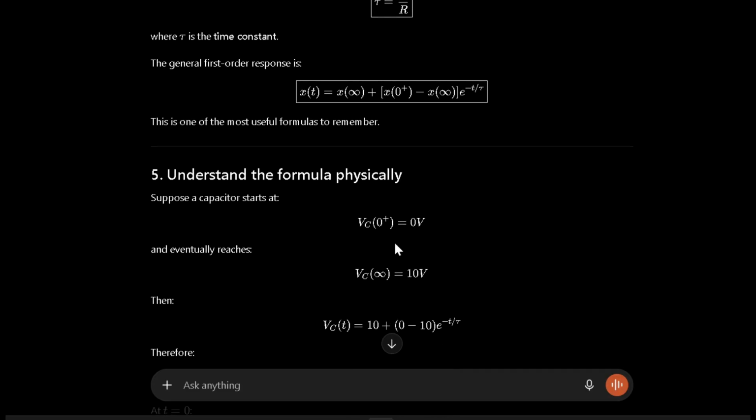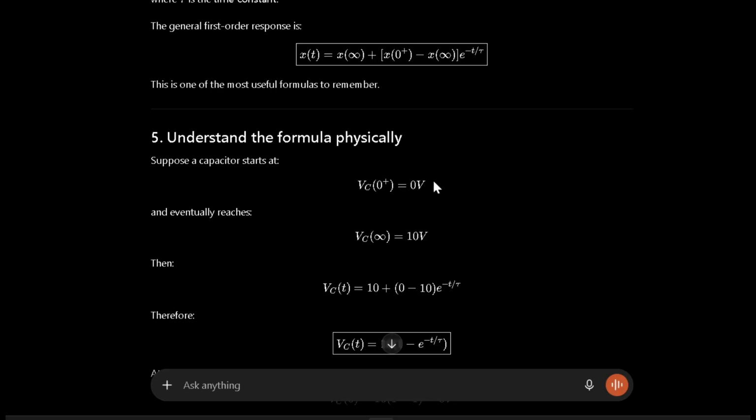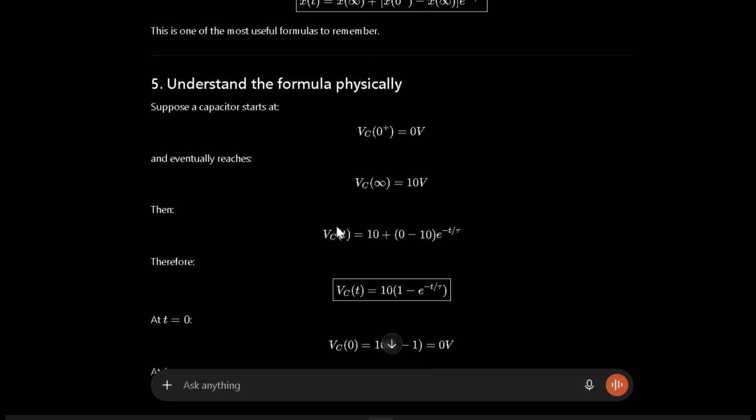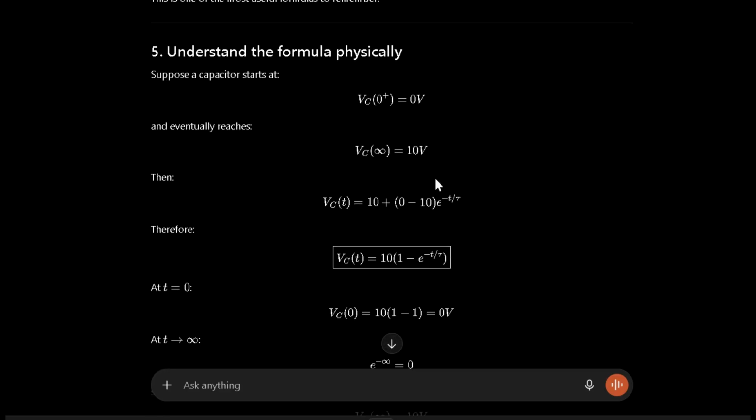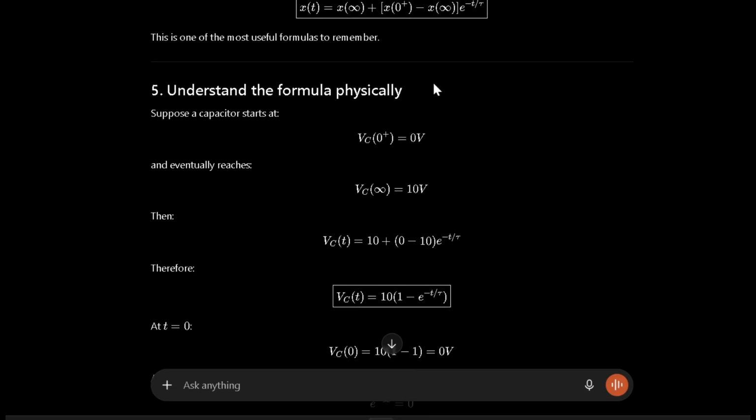Understand the formula physically. Suppose the capacitor starts at Vc of 0 plus equal to 0 volts, and eventually Vc of infinity is 10 volts. Then Vc of t equals 10 minus 10 e to the power minus t by tau volts.